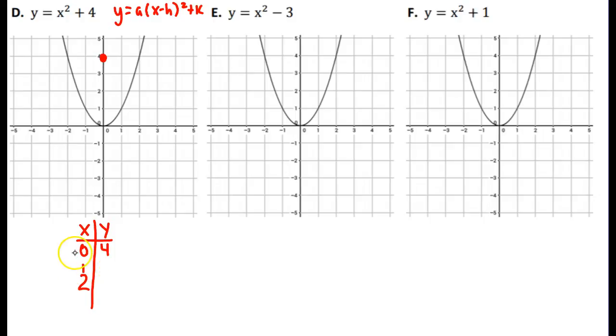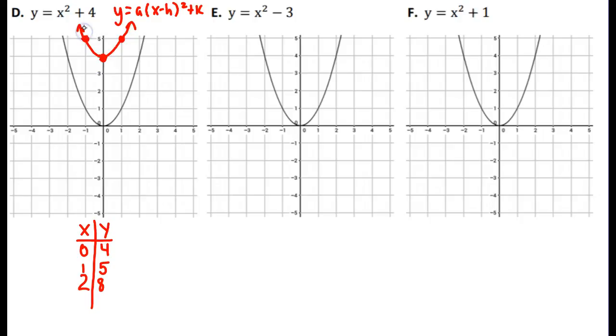If I plug in 1, 1 times 1 is 1, plus 4 is 5, so 1, 5 is a point on this graph. If I plug in 2, 2 times 2 is 4, 4 plus 4 is 8, that would put me somewhere over here, but off the graph. So remember, it's symmetrical, so -1, 5 would also be a point.